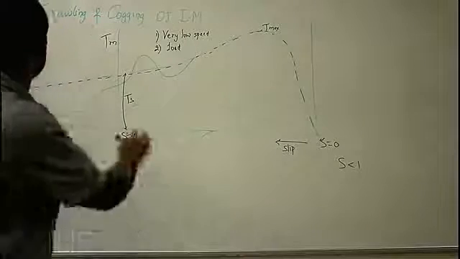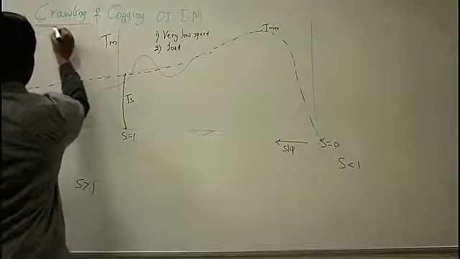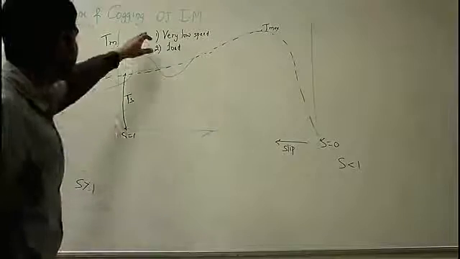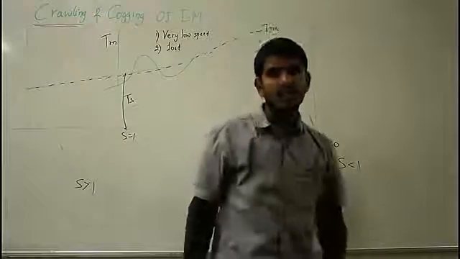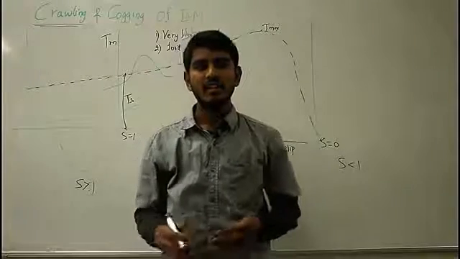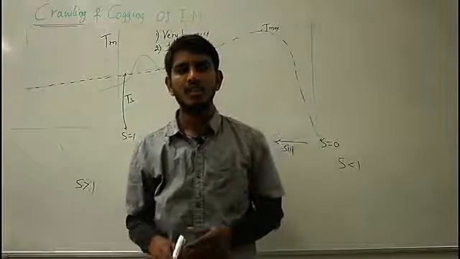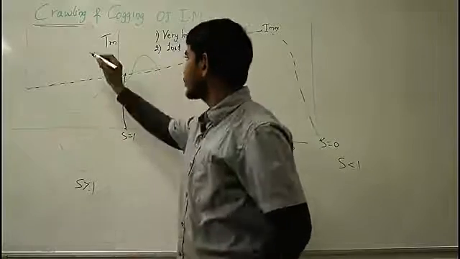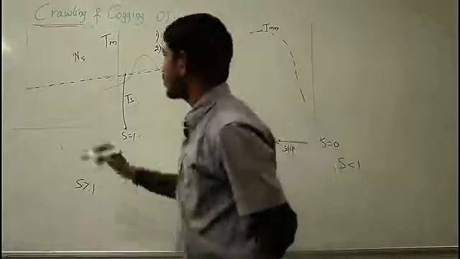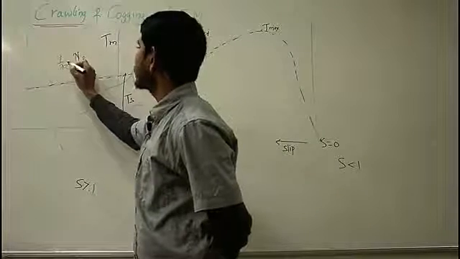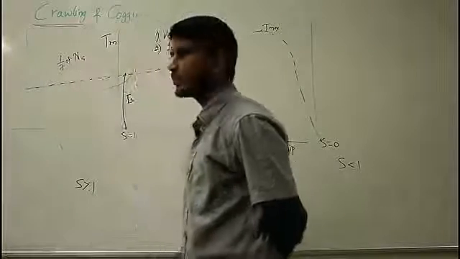Now if you see the crawling effect shown by the squirrel cage type of induction motor, it has been observed that the squirrel cage type of motor has a tendency to run at very low speed compared to the synchronous speed Ns. The resultant speed is only 1/7 of your synchronous speed.